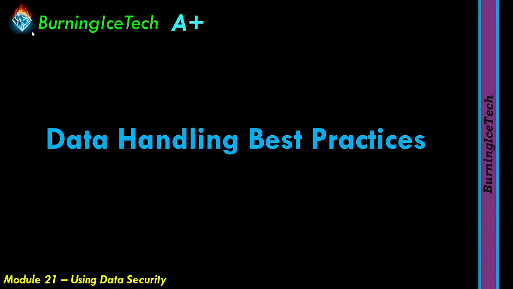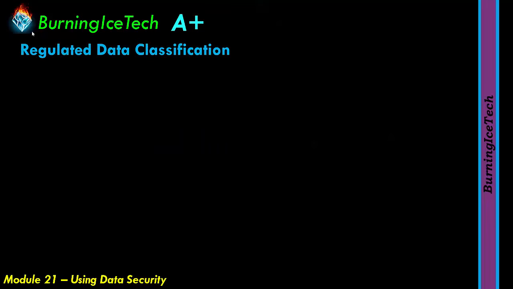Alright, folks, the first topic we're going to be talking about in the second section is regulated data classification. And under this umbrella, I want to mention sensitive data types. Now, when it comes to sensitive data types, guys, there's many kinds. One of the most obvious ones that stands out is PII. Personally identifiable information is what that is.